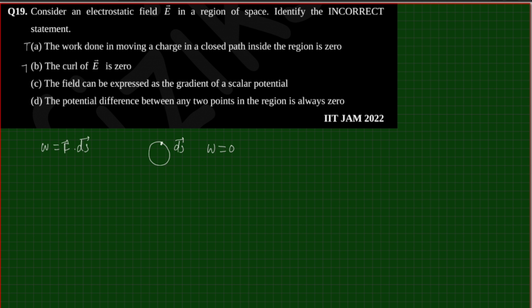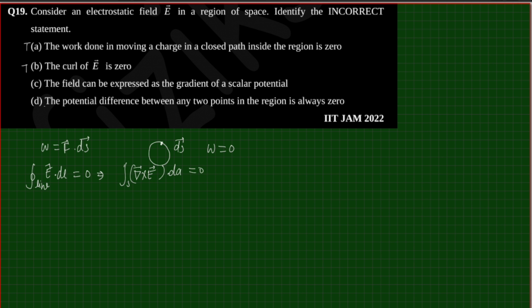Yes, this is true. The first one is true. The second one is also true. How is the second one true? Because we know the closed line integral of E dot dl equals 0. It means this can also be written as the surface integral of del cross E dot dA, using Stokes theorem.